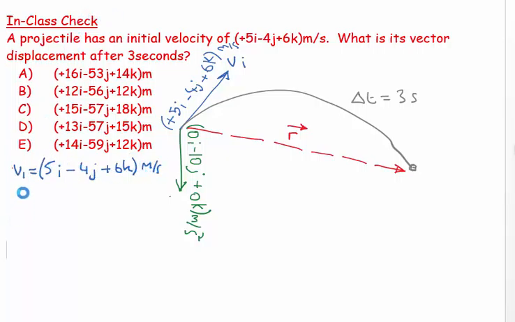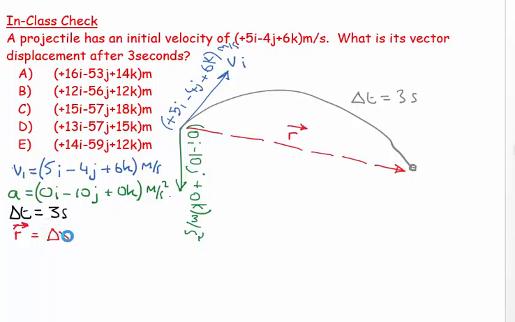And I figured out that a was equal to 0i minus 10j plus 0k meters per second squared, and I knew that my time interval was 3 seconds, and I want to know what my displacement is, which, if you like, is delta x. It's my vector, which is my displacement.